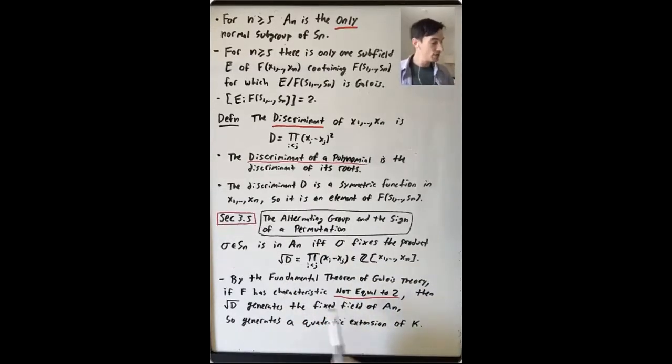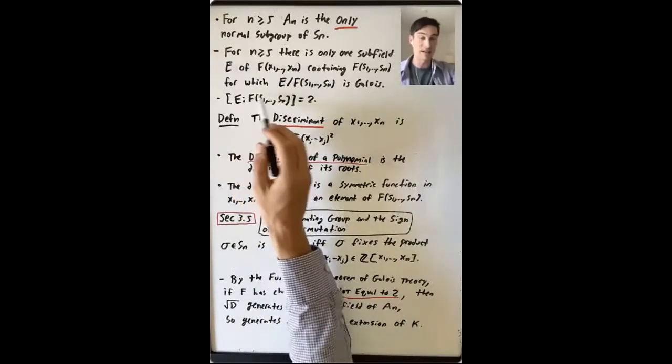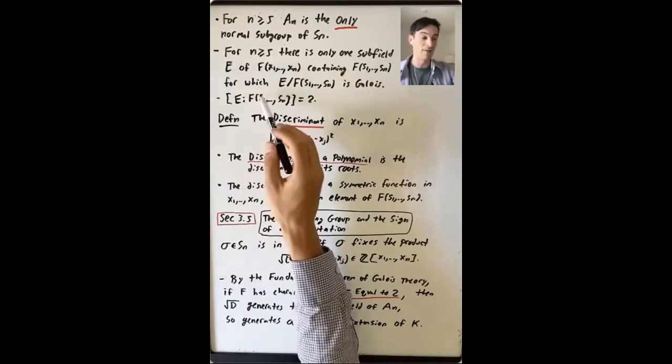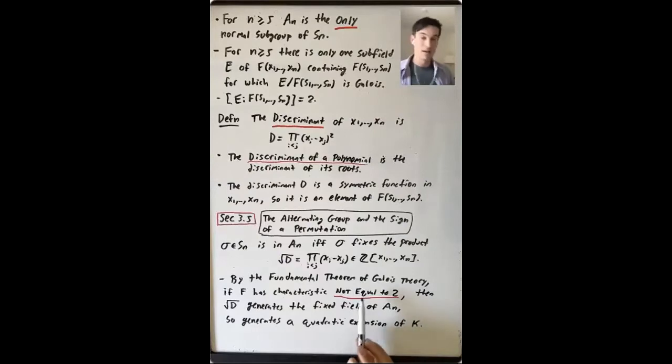So square root of D generates the fixed field of An, this subgroup of the Galois group. So this subgroup has index 2. It generates a quadratic extension of K, this unique quadratic extension E over F adjoin s1 up through sn. So let me just say briefly why this characteristic not equal to 2.